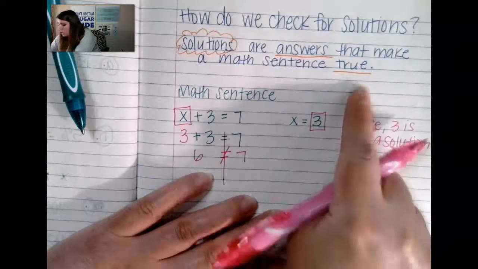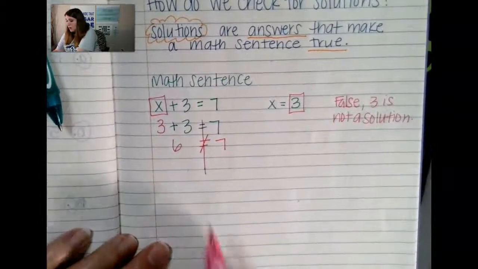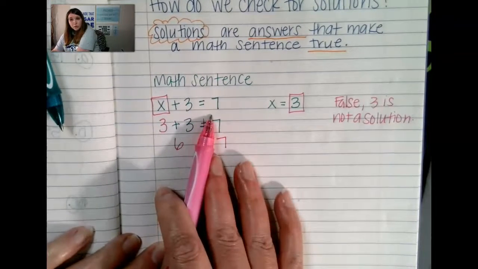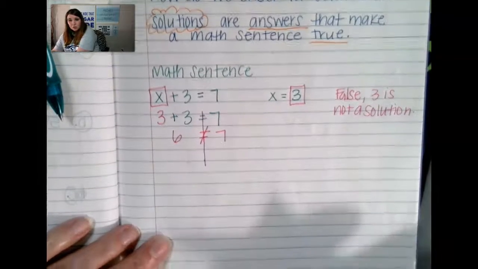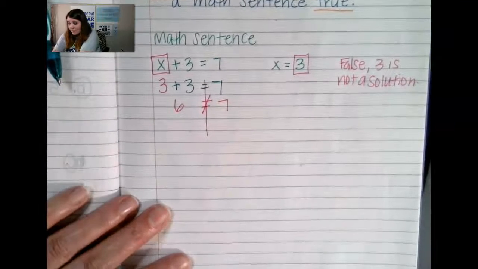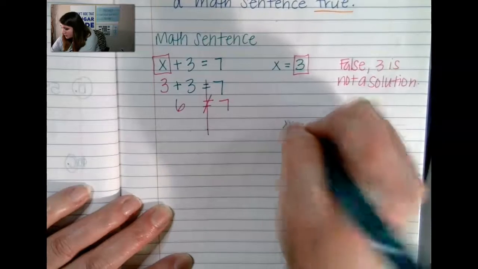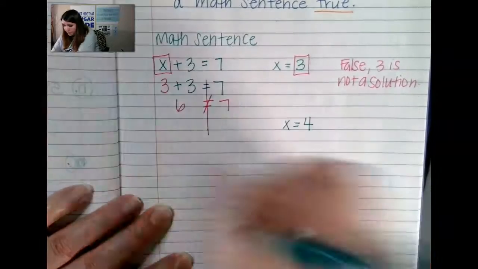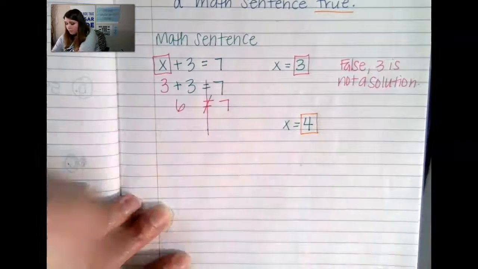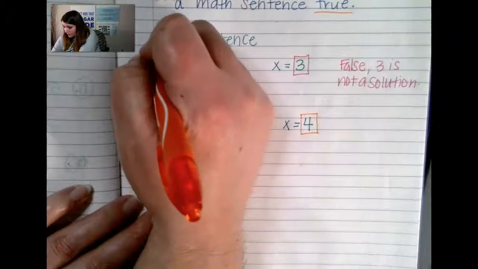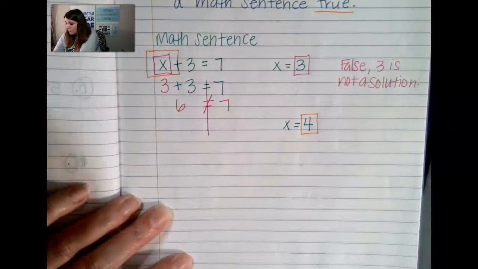Remember, a solution makes it true. So because 3 did not make this sentence true, it is not a solution. If they told me that x equals 4, I could then come in here and put 4 in for this x. Same problem.